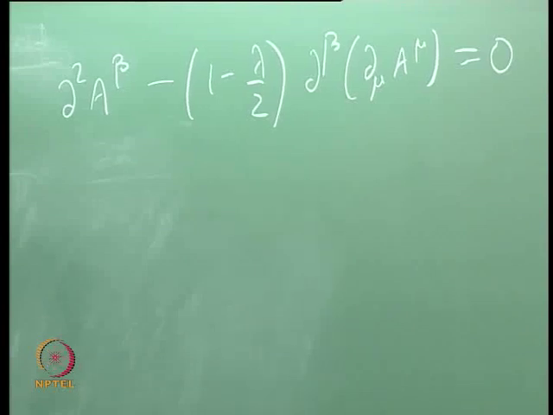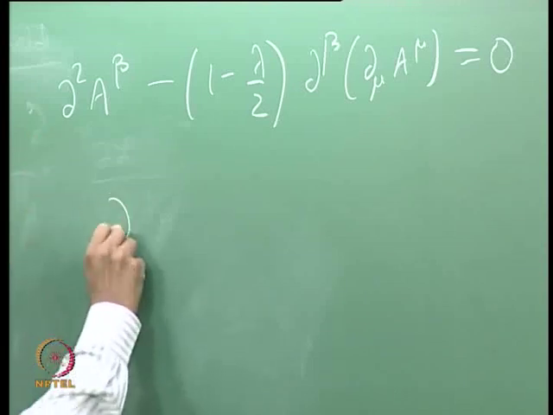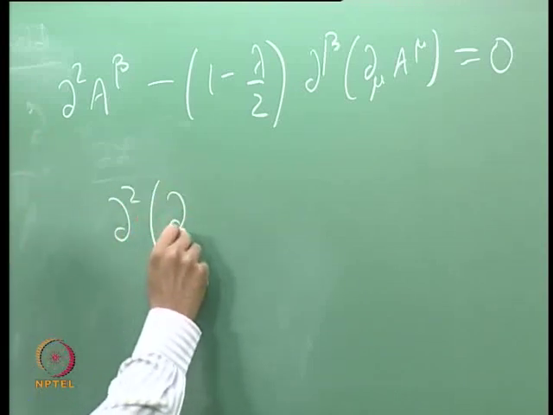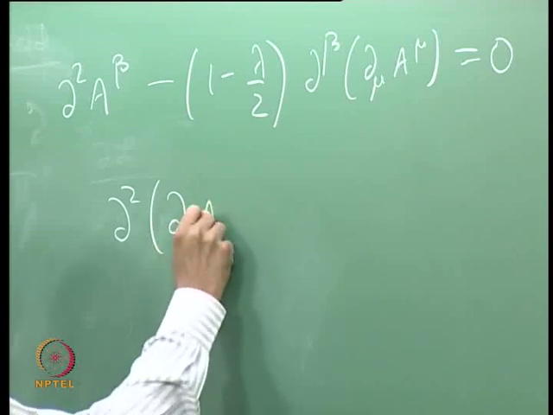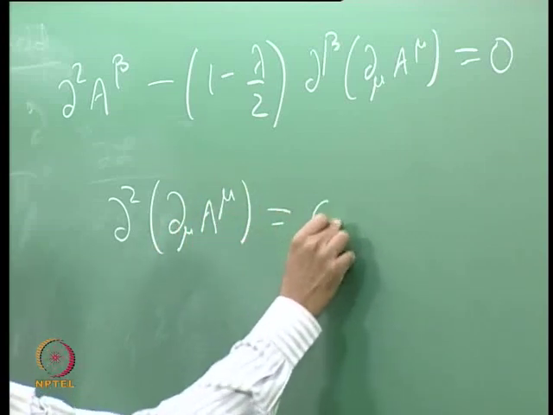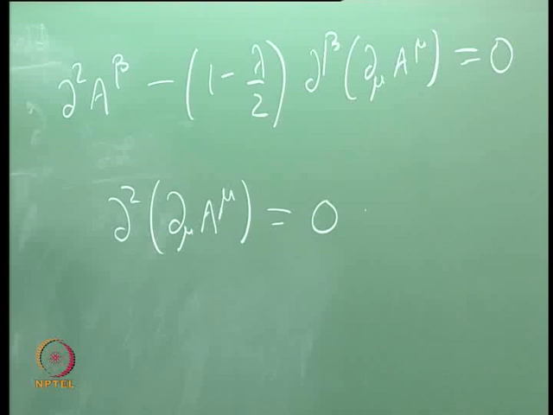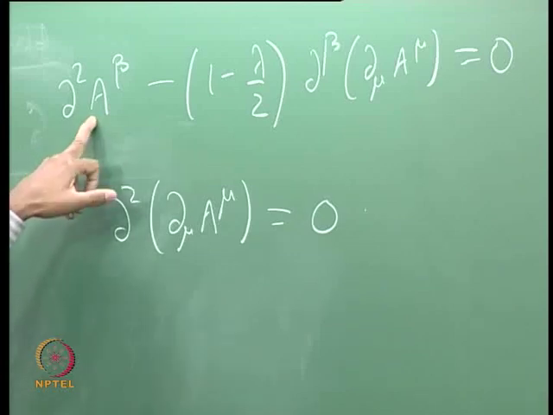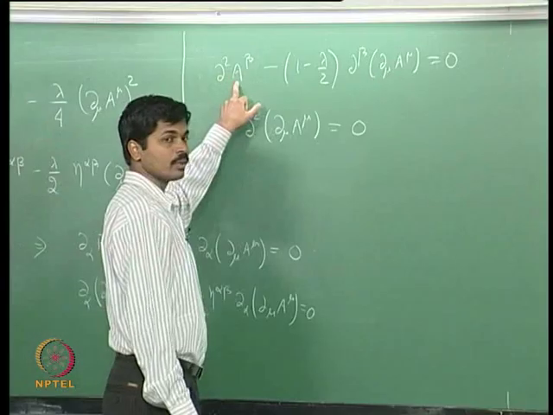You can show, it is trivial from this, that if you act further with del beta, then you see that del square of del mu A mu becomes 0. This also gives del mu, there is a del mu A mu here, del square del mu A mu.